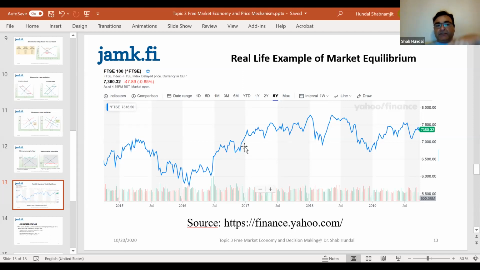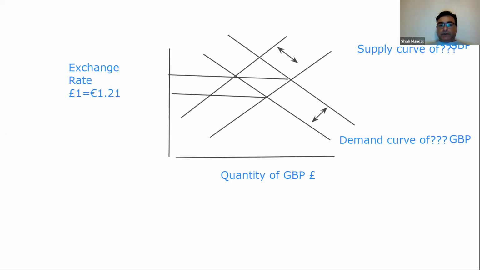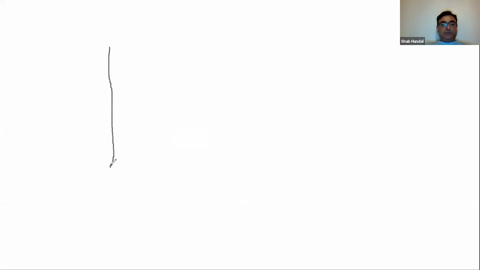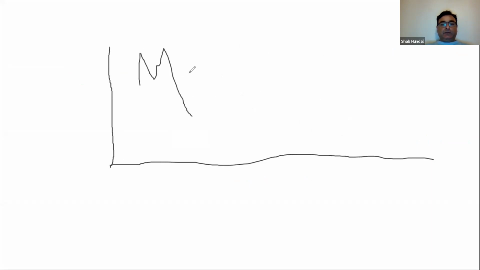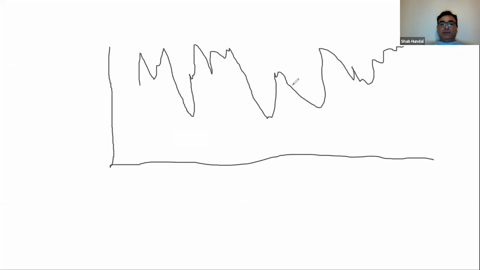So if I just try to copy this picture and draw it like this, and I find that this is how the market in Britain has been going up and down, then I can see that every point is a demand curve and supply curve.